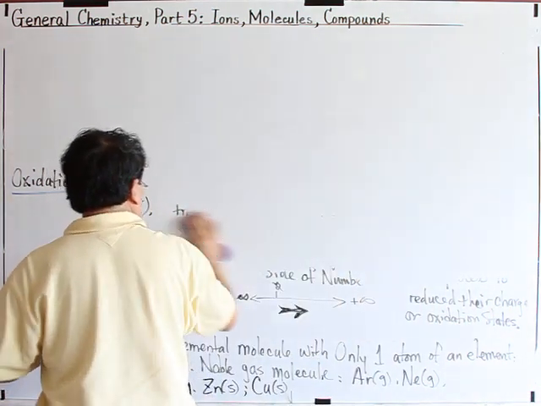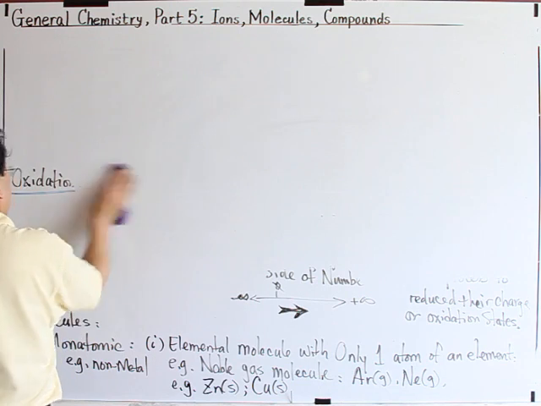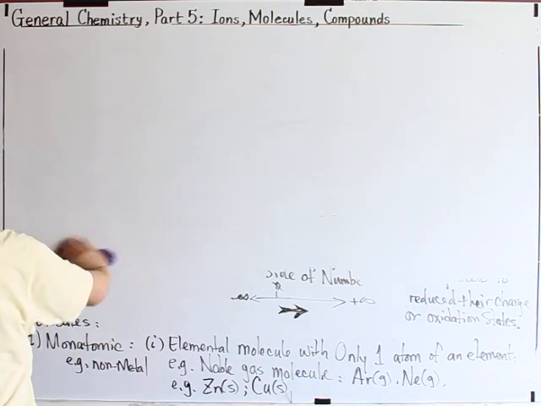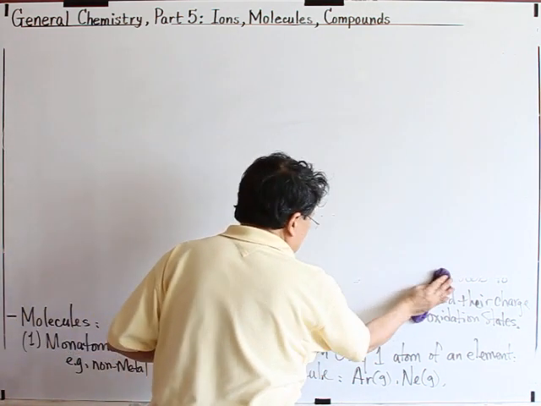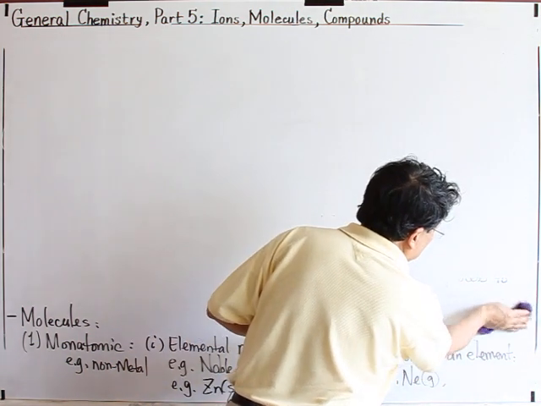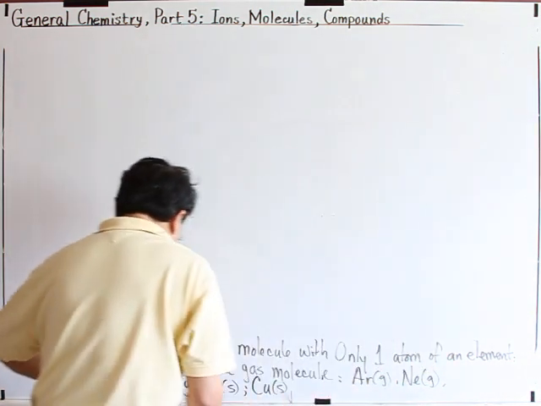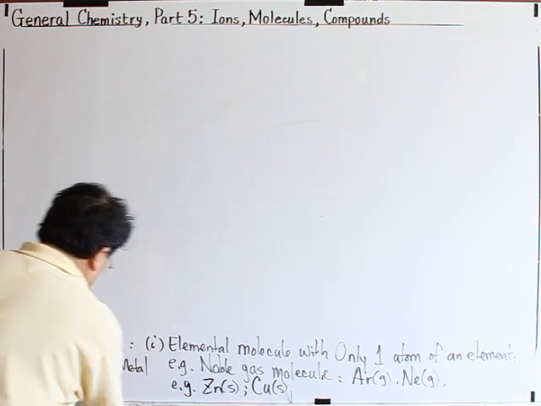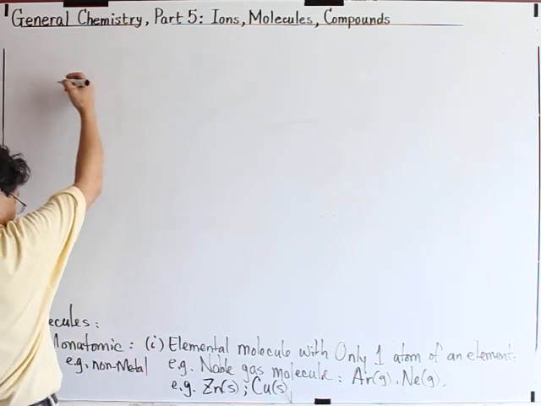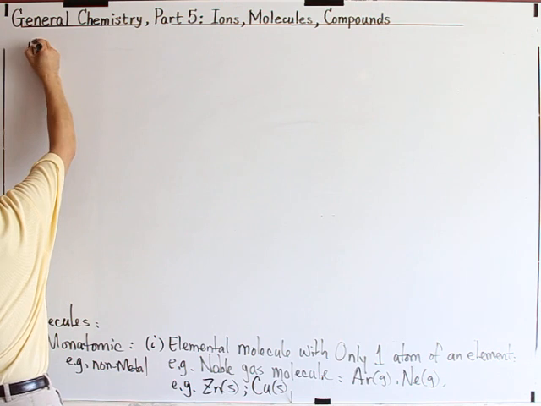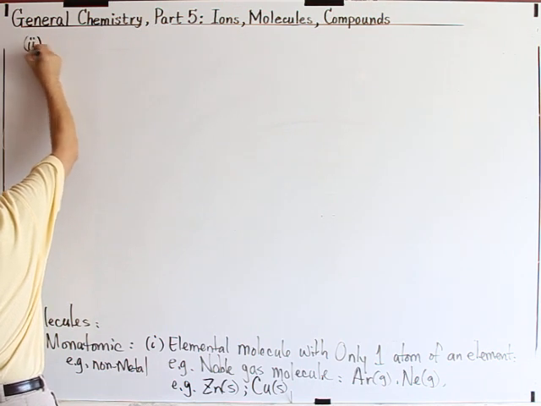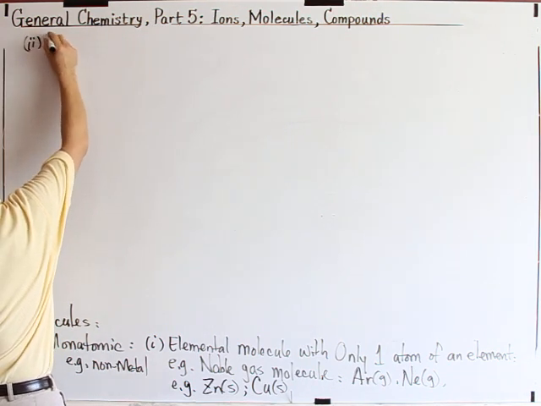Then, after the monoatomic, we have diatomic. There's a lot of diatomic molecules from non-metal, but monoatomic is very rare. The second type is going to be diatomic.